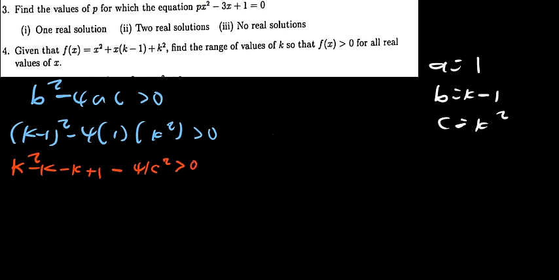K and k, I'll get negative 2k plus 1 minus 4k squared greater than 0. Perfect. Now k squared minus 4k squared is going to give me negative 3k squared.